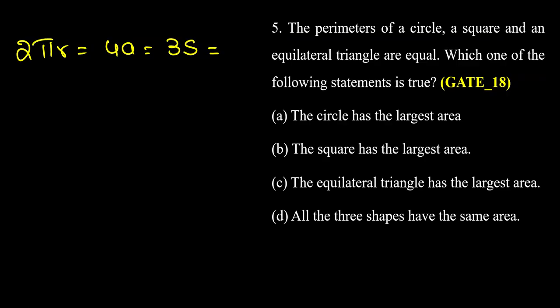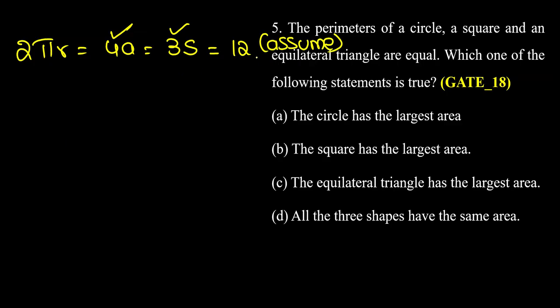Perimeter of circle or circumference of circle, square perimeter, equilateral triangle perimeter, all are equal. You can assume it's equal to something called k. Or, to make the calculations easy, the value should be divisible by 4, by 3, and by 2 pi also. At least I am assuming it equal to 12. Why, sir? To make the calculations easy. It should be divisible by 4 and 3.